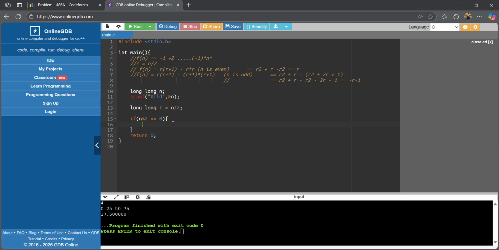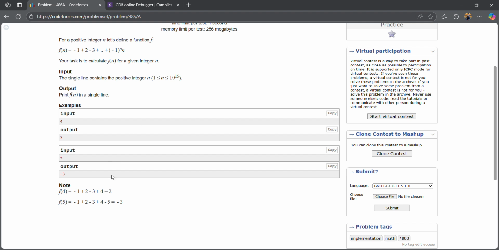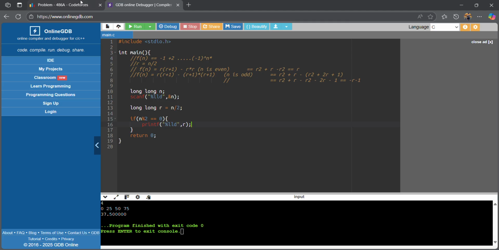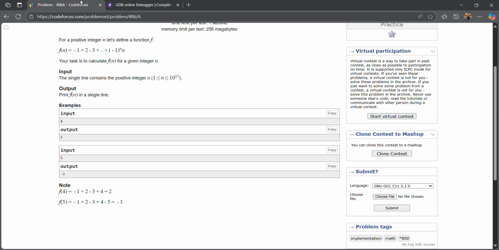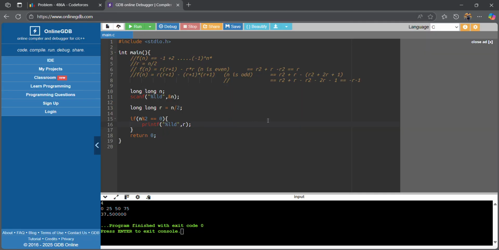Now if n is even, then we just have to printf R, printf percentage LLD, and if it is odd, then we have to print something else.